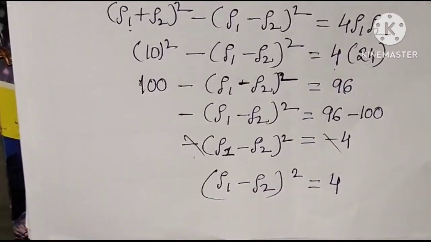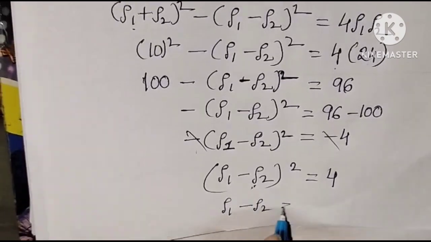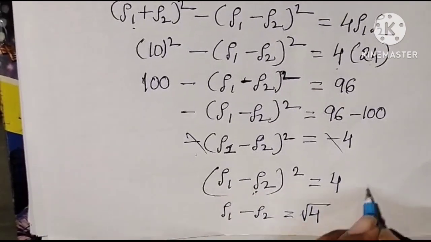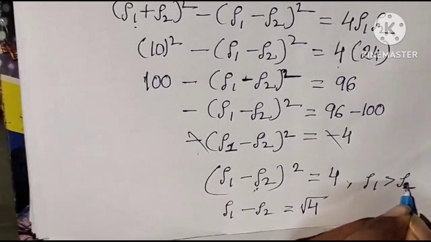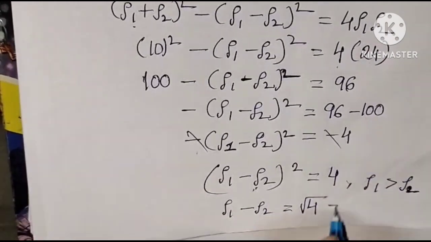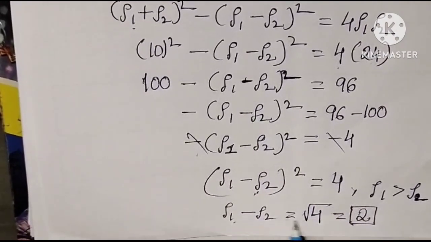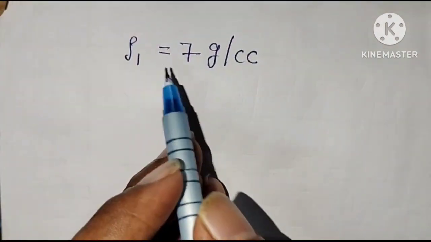So rho 1 minus rho 2 is equal to the square root of 4. Let us assume rho 1 is greater than rho 2, the density of liquid 1 is greater than that of liquid 2. Then root 4 is plus 2. So rho 1 minus rho 2 is equal to 2.